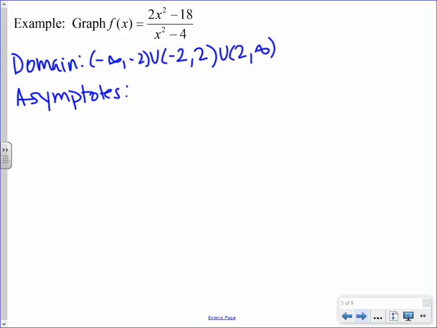Okay, so we have discontinuities in the form of asymptotes. x equals 2 and x equals -2.